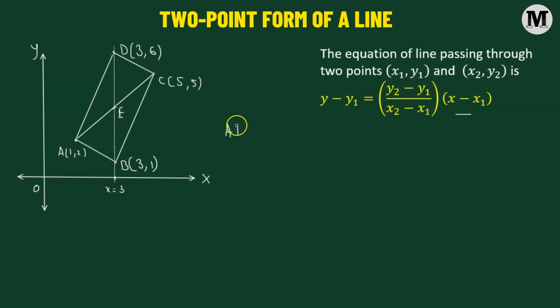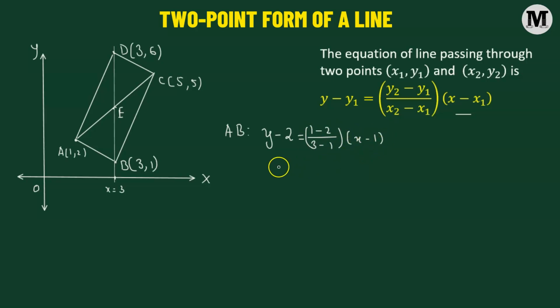We will start with the side AB. So here we will do y minus y1. We'll assume that A corresponds to x1, y1 and B corresponds to x2, y2. So that means y minus y1 will be y minus 2. So 2 corresponds to y1, which is the y coordinate of point A. This will be equals to, now we need y2 minus y1. So that's going to be 1 minus 2 divided by x2, which is 3, minus x1, which is 1, whole multiplied to x minus x1.